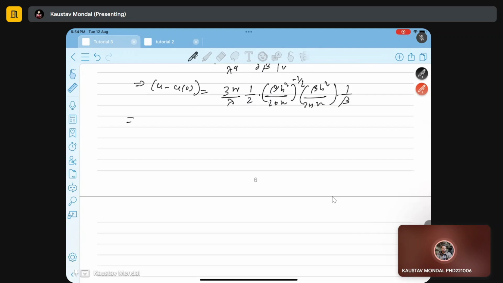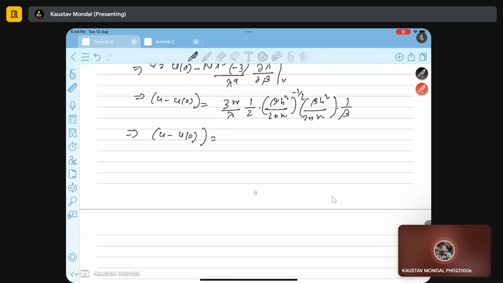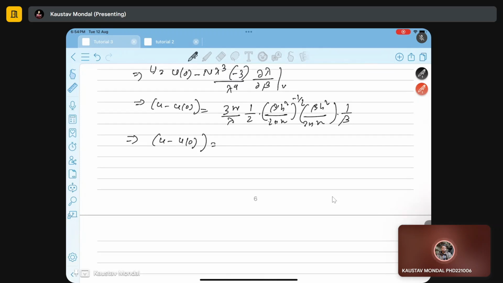Then from here U minus U0 would be, now here many things will cancel out, right? So this beta will cancel out. If you substitute the expression of lambda here also, 3N by lambda, this is already the expression of lambda, right? And h squared by 2 pi m is there also.